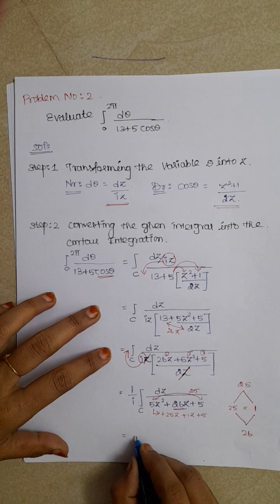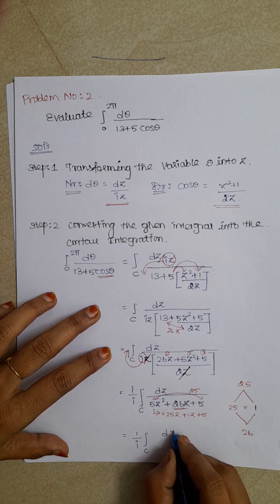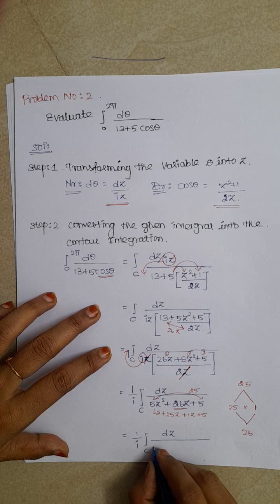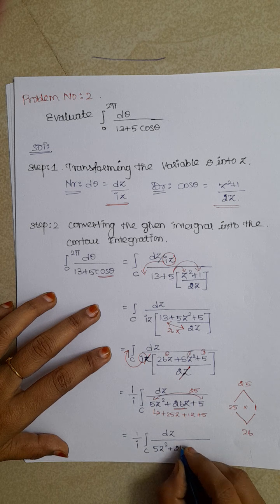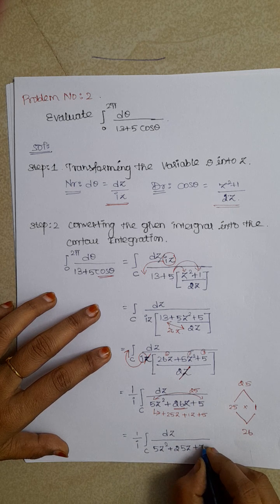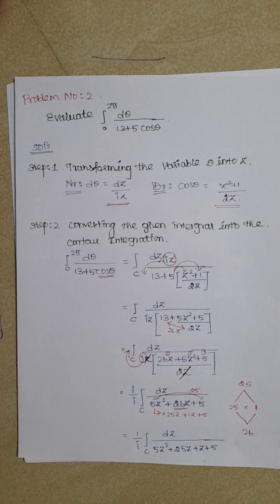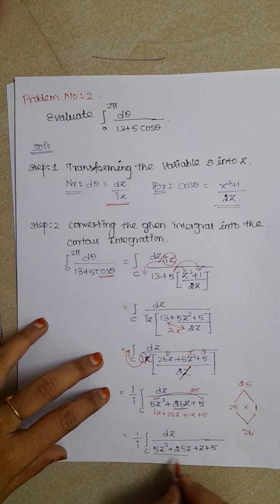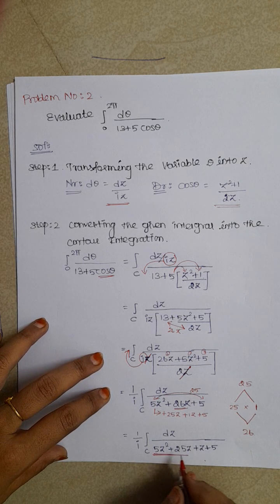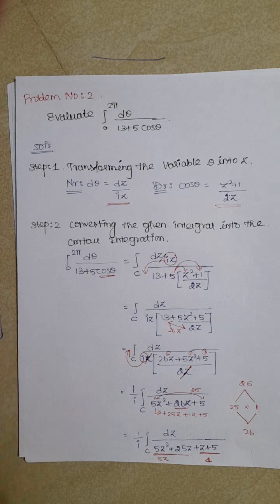In the first two terms the common term is 5z. In the last two terms the common term is 1.